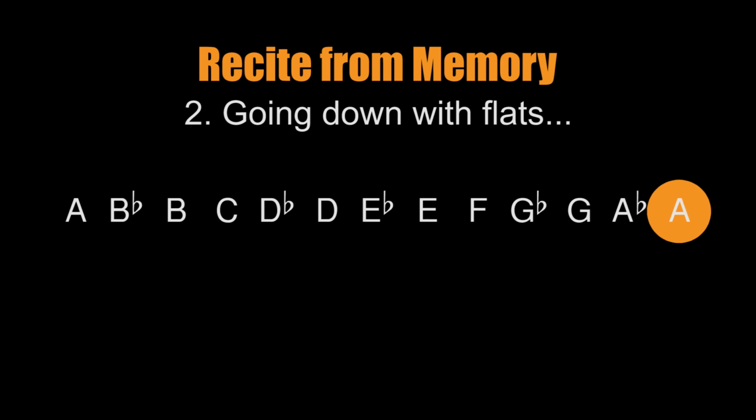You start on A, and then A flat, G, G flat, F, E, E flat, D, D flat, C, B, B flat, and back to A. Now going down always confuses people, and that's totally normal. Just take your time.